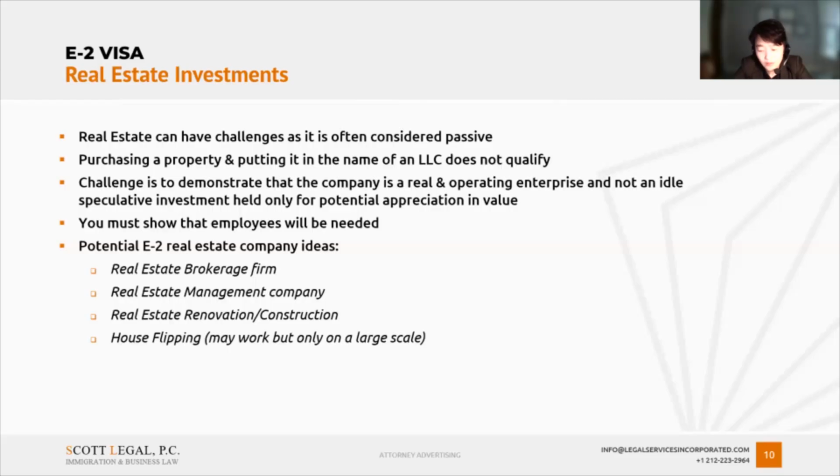So the types of real estate companies that can work are not just about holding onto properties for appreciation.